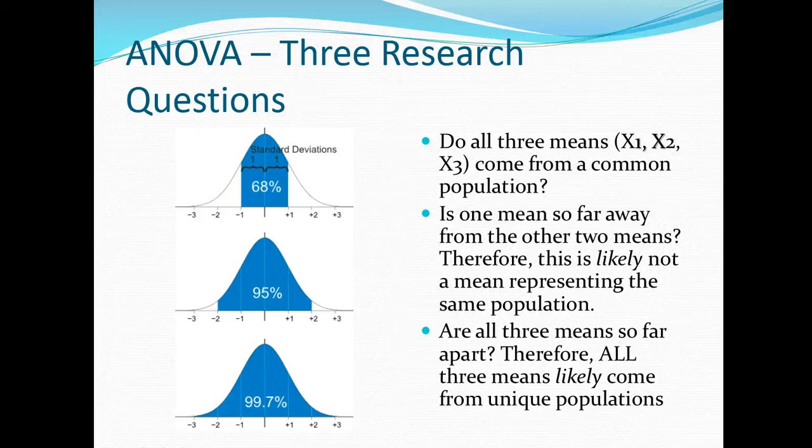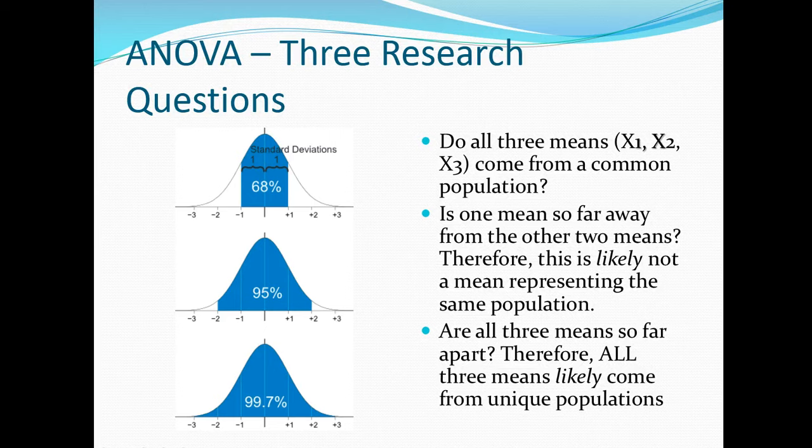The second research question is, is one mean so far away from the other two means, therefore this is likely not a mean representing the same population? So that is checking the differences between the variables.